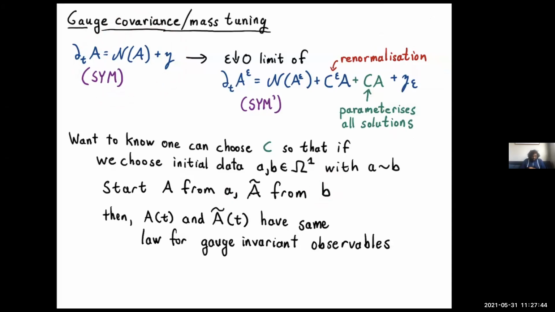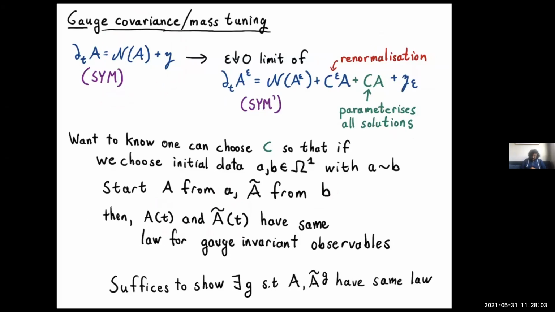Then what we want is that, at the level of gauge invariant observables, these give us the same expectations. It shouldn't depend on whether we started from A or started from B, because they're physically equivalent. You could imagine there's a way to define this.